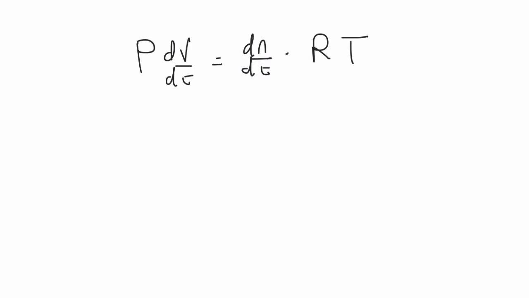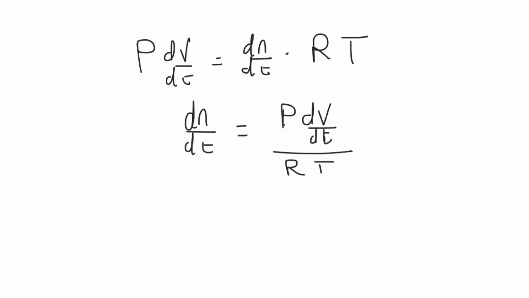So rearranging this gives us the equation that we need to solve. We see that dN/dt equals P dV/dt over RT, remembering that these values must be in absolute measurements.